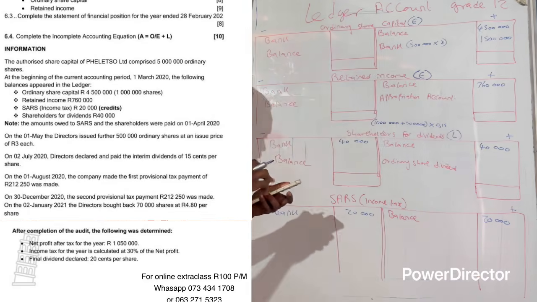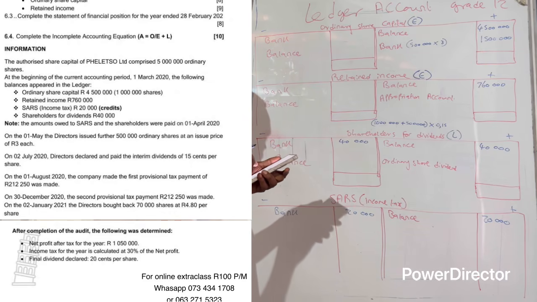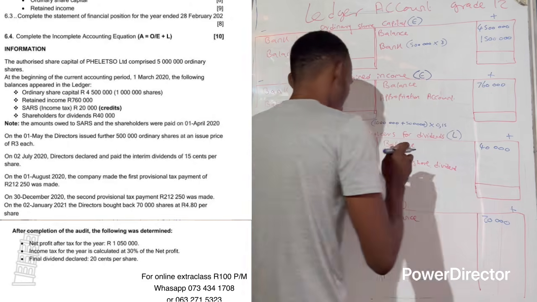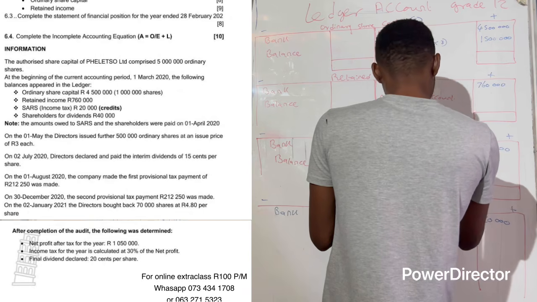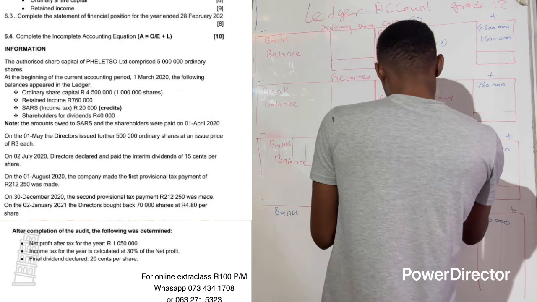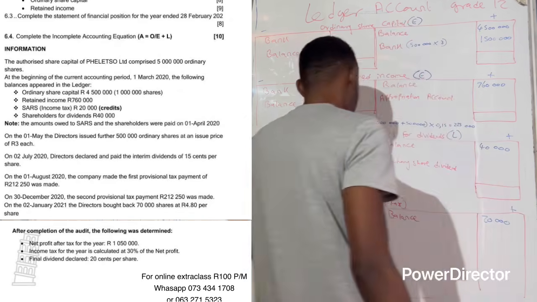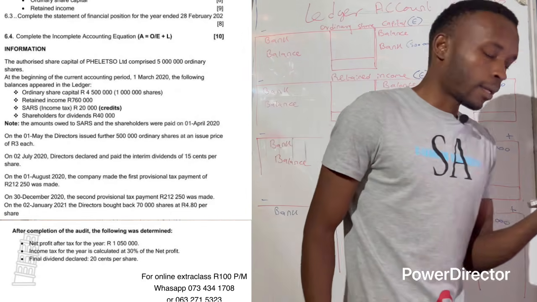Okay, let me calculate this one. 15 cents multiplied by 1.5 million shares is going to give us 225,000. We're going to use it somewhere when we do dividends on ordinary share account, né?